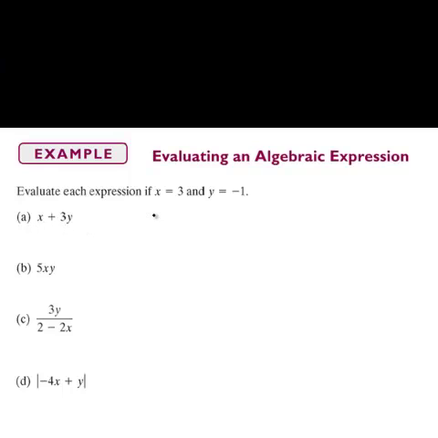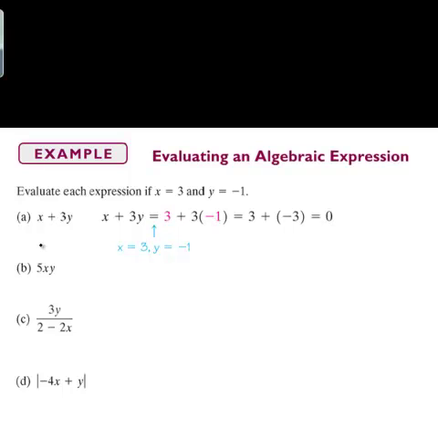So for example, if we have x plus 3y, and we know that x is equal to 3 and y equals negative 1, we just plug 3 in for x and negative 1 in for y, just like we did here, and then see 3 plus negative 3, right? We get negative 3 because 3 times negative 1 is negative 3. 3 plus negative 3 is 0.